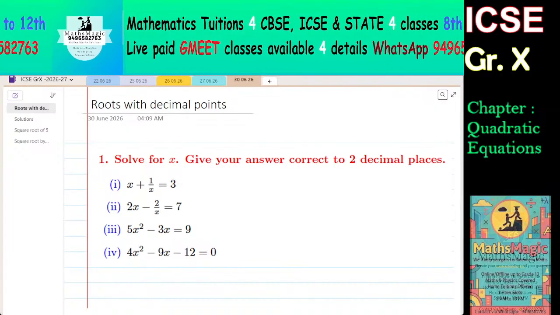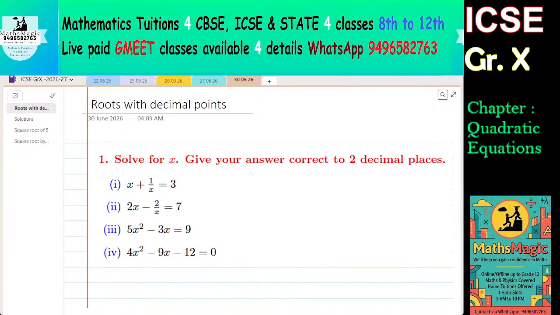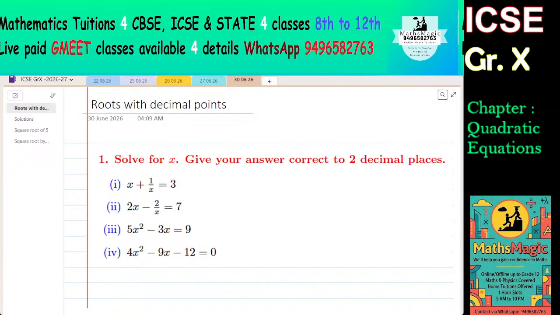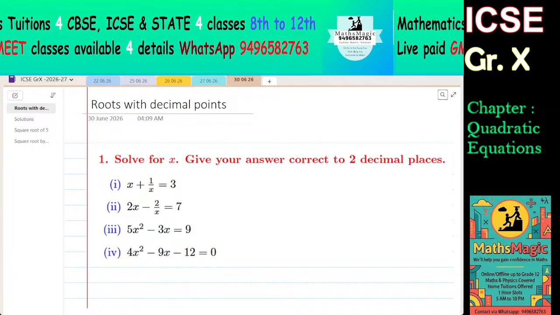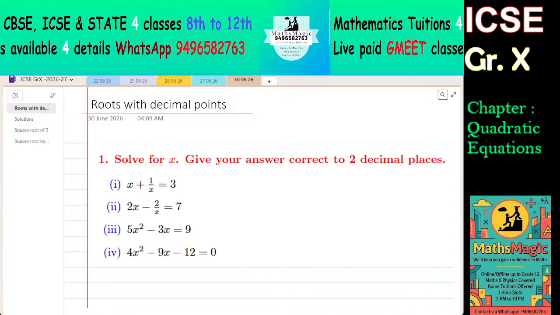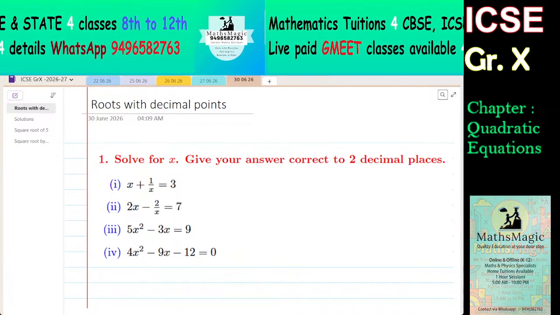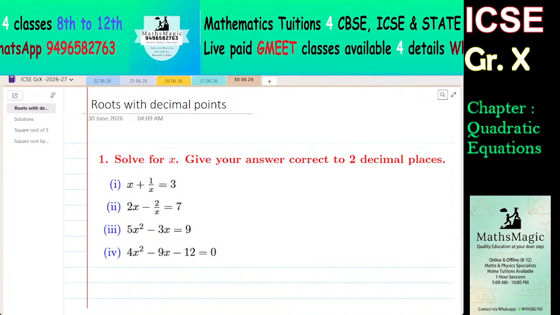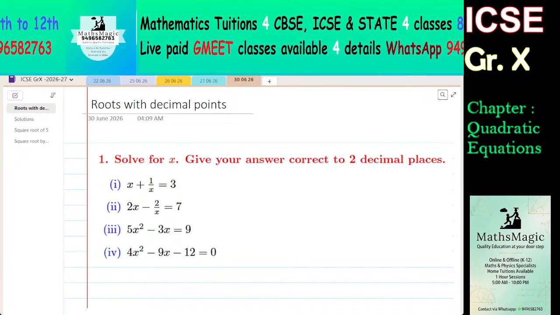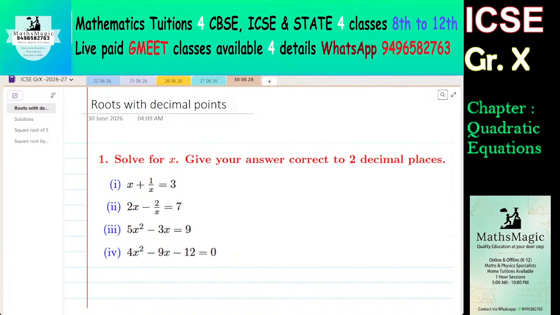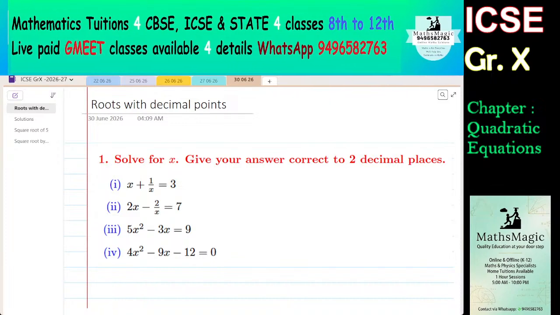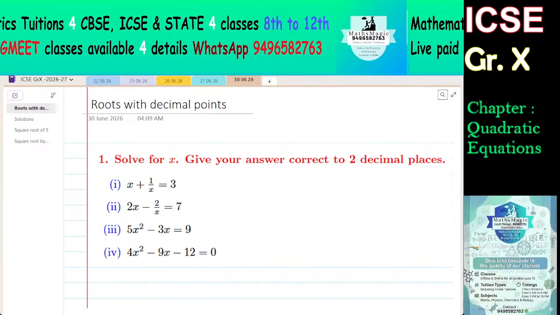Minus b plus or minus root of b squared minus 4ac, the whole divided by 2a. Is that okay?